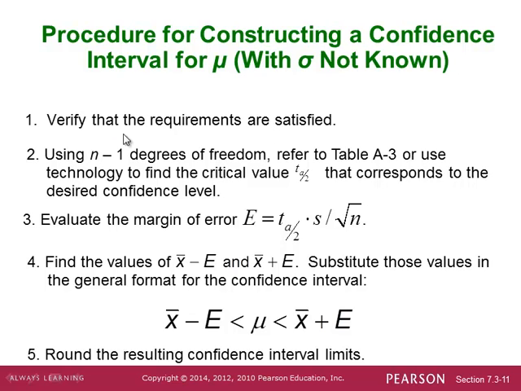I already showed you on the second slide what those requirements were. We'll use n minus 1 degrees of freedom and look up our t critical value. Calculate the margin of error, and then take x bar minus E and x bar plus E to get the left and right limits for the confidence interval. Then use reasonable rounding rules for your left and right limits.